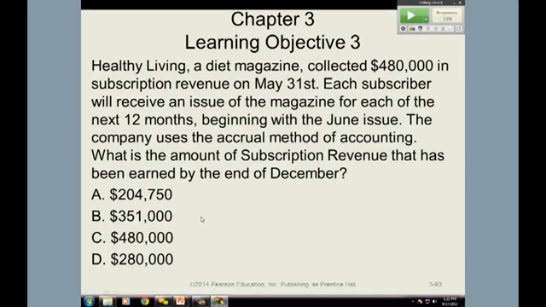Okay, so the question is, why is the adjusting entry for 280 and not for 200? Because you have to get to this balance. The other way to ask this question, I could say, you collected subscriptions for 480, and there are 5 months left.